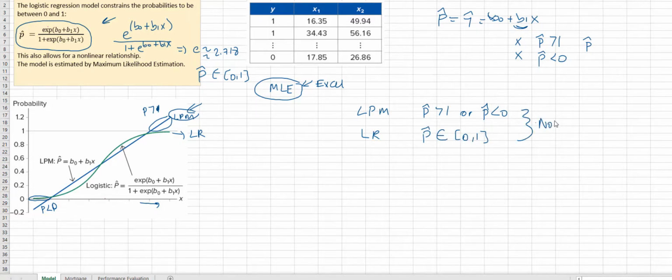But note that here is very important. The coefficients and their estimates have a different meaning depending on which model we are referring to. Next, we are going to focus on interpretation of the coefficients, both in a linear probability model and logistic regression model. In a linear probability model, the interpretation of regression coefficient is straightforward.